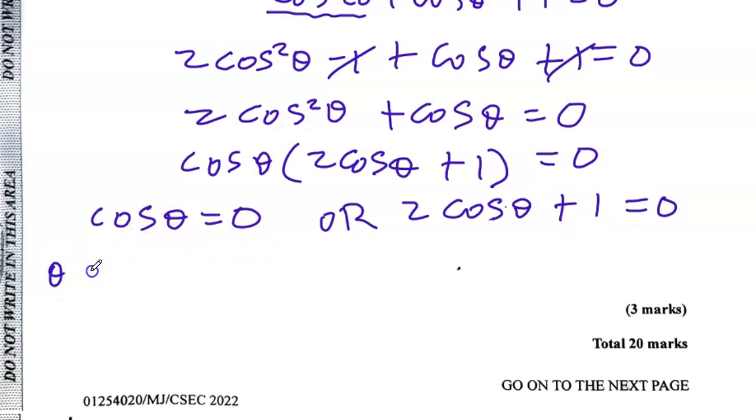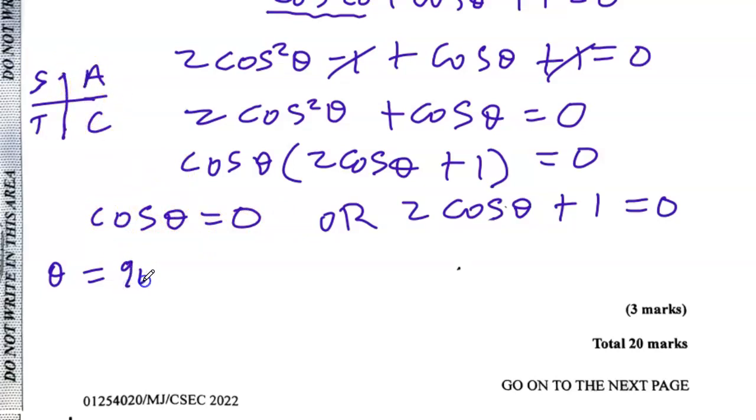So theta, now if you are using degrees, the cos of which angle gives you 0? So remember the quadrants in which cos is positive, alright? All Science Teachers Are Crazy. So cos is positive in the first quadrant, which is for All, and also the fourth quadrant. But it's 0, so cos of which angle gives you 0?